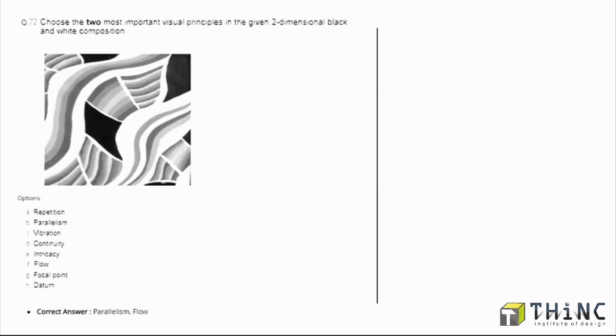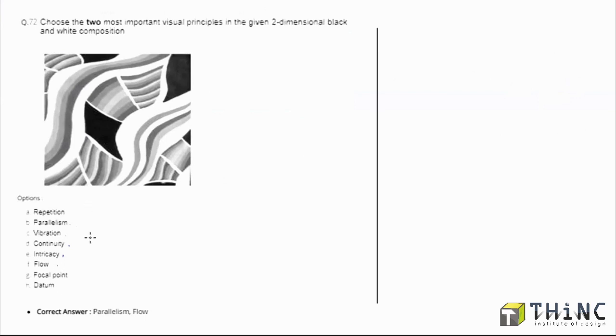Moving on to the next one. Choose the two most important visual principles in the given two-dimensional black and white composition. Here you can see an image where you have to identify which visual principles are followed. The options are repetition, parallelism, vibration, continuity, intricacy, flow, focal point, and data.